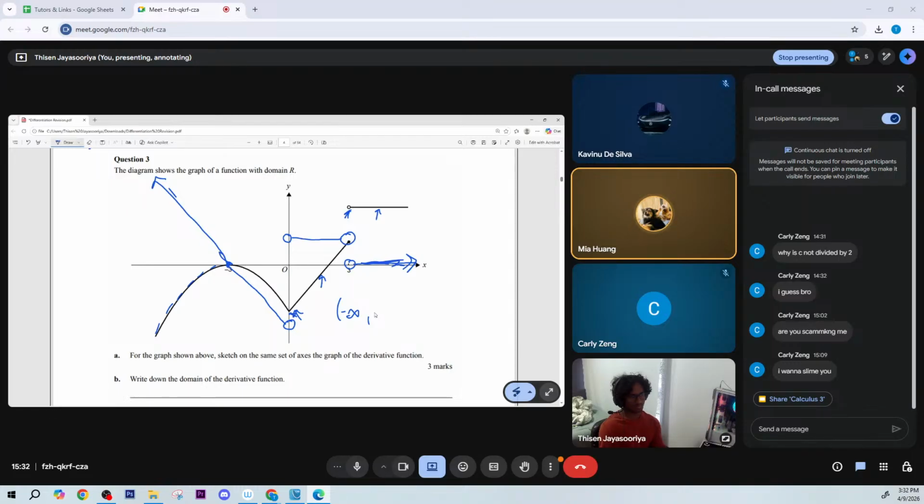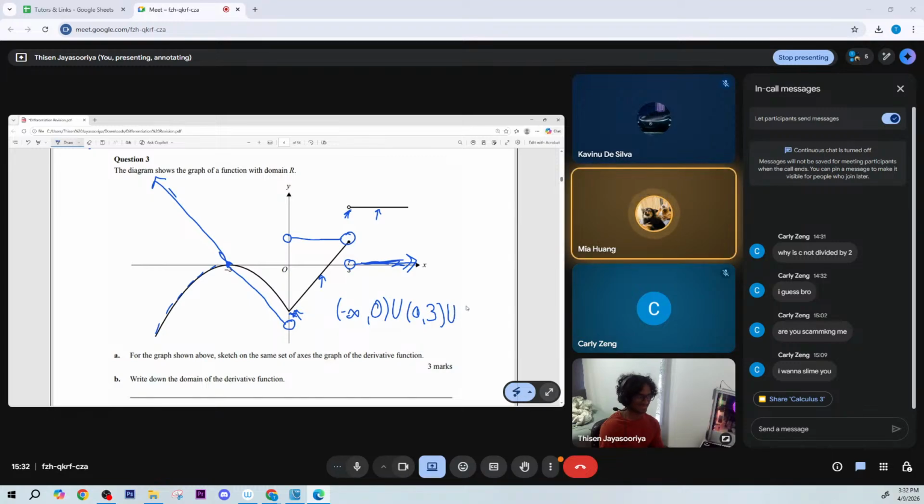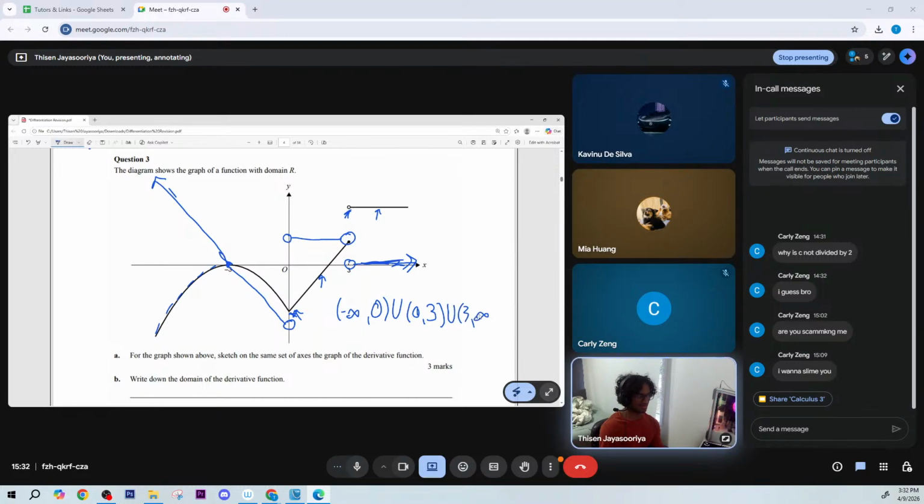Zero non-inclusive, union non-inclusive zero to 3, and union 3 to infinity. Yeah, so then it's 3 to infinity.